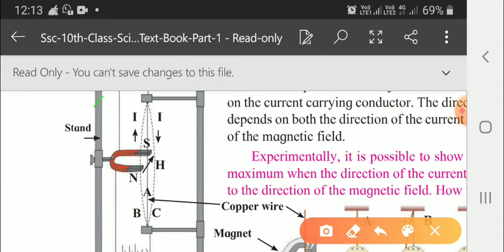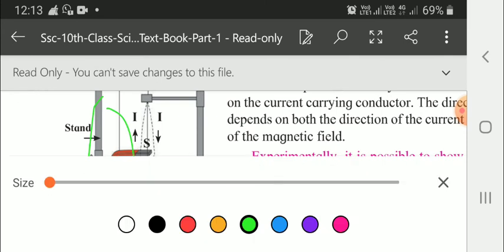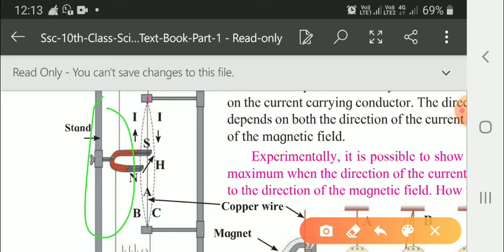This is the stand, you can see here, and I'll show it with a different color. Children, here you can see this is the wire in the center. This wire, this one line only. So that is the wire.